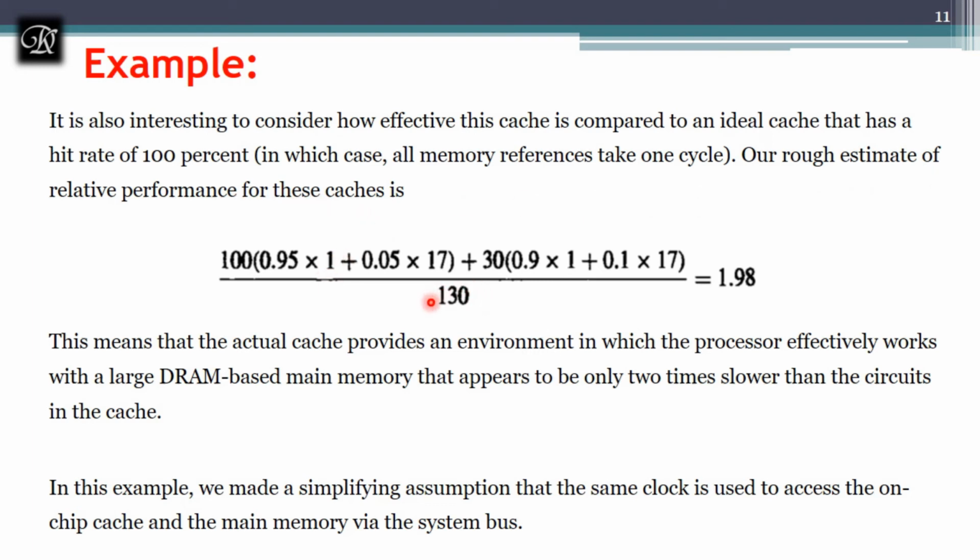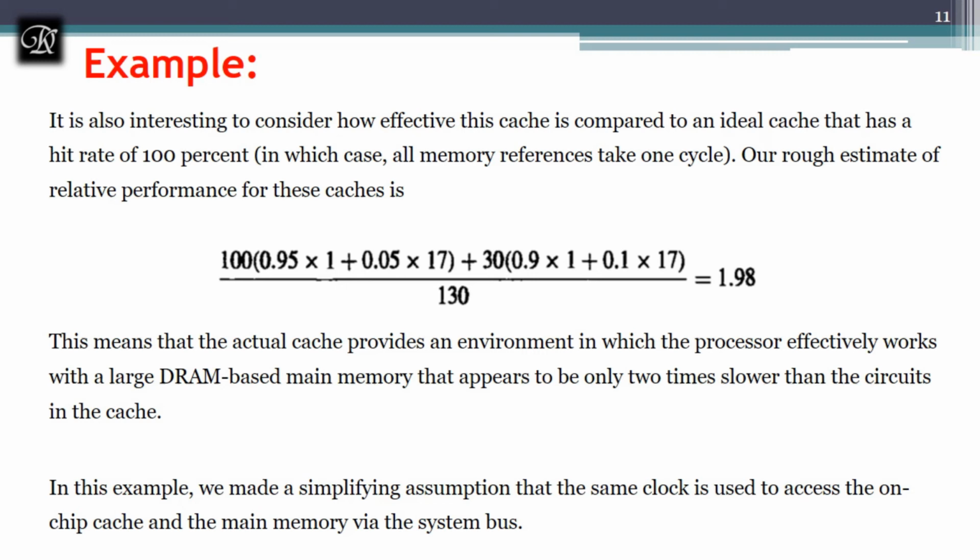For the 130 accesses, we consider that all the data is available in the cache, and we are getting all of it at the processor speed. Compared with that, the actual cache uses the same data: 100 instructions with 0.95 and 30 instructions with 0.9.